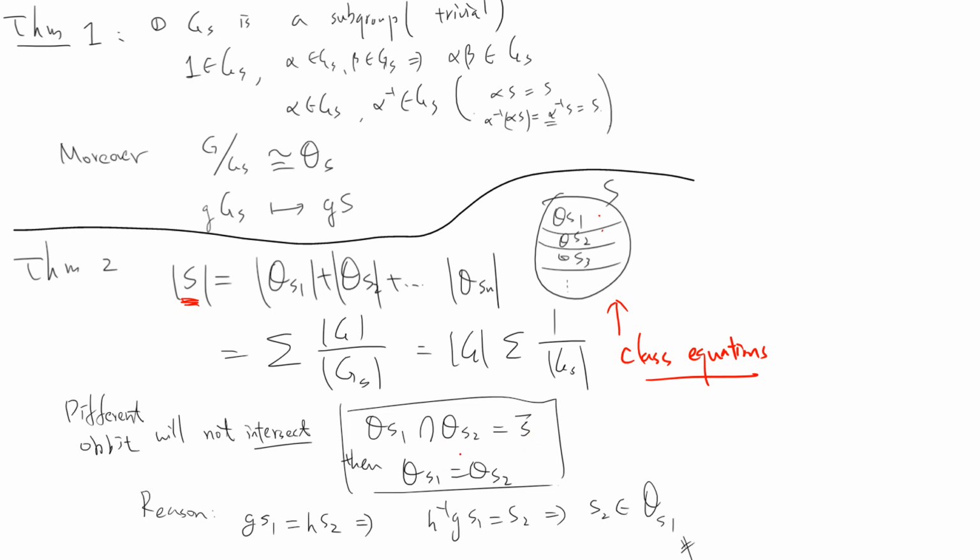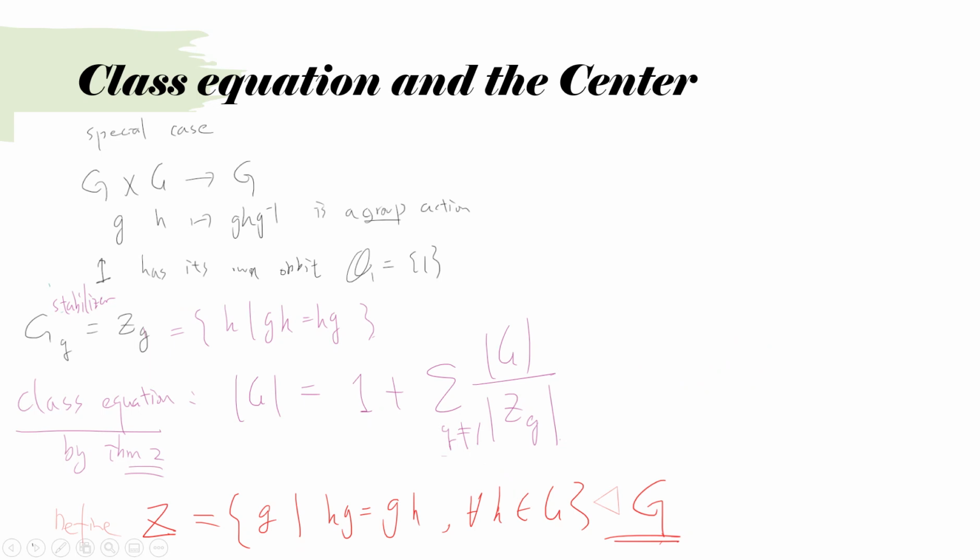So any two orbits will not intersect nontrivially. And the reason is that, let's say g s1 equals h s2, right? Then h inverse g s1 will be s2. So s2 will be in the orbit of s1, right? So if s2 is in the orbit of s1, then the whole orbit of s2 will fall into the orbit of s1, and they will be the same.